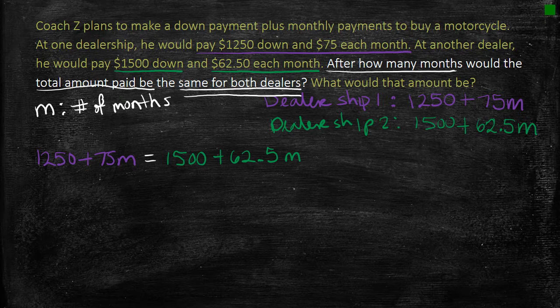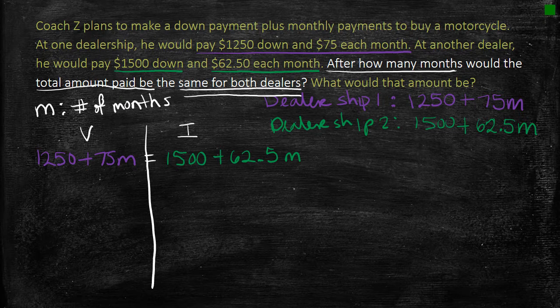Now we solve equations like we normally do by drawing a line through our equal sign. On my left side, I notice that there are integers and variables. On my right side, I also notice there are integers and variables. So I'm going to label this side variables and this side integers, because it doesn't matter when there are integers and variables on both sides.